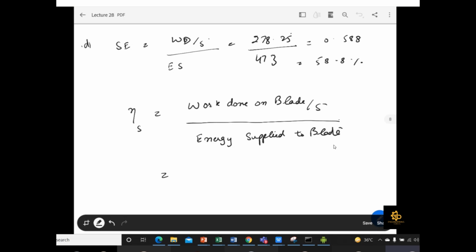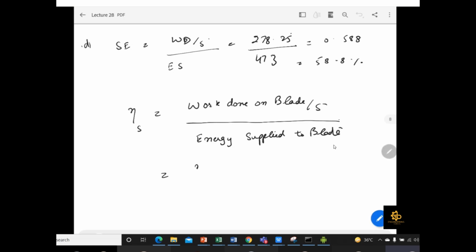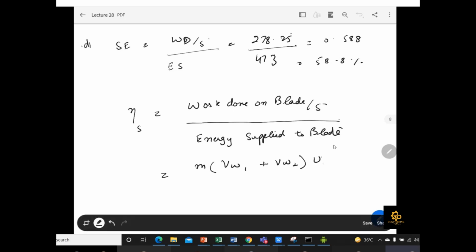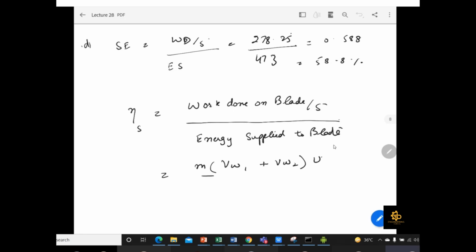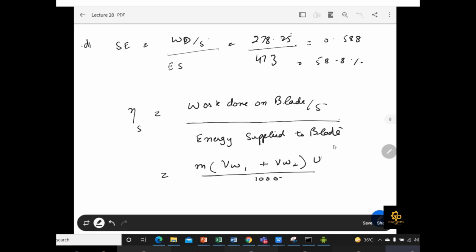In this case, the work done on the blade per second is m (Vw1 + Vw2) u. This is in watt, and you need this value in kilowatt, because the energy supplied to the blade in the problem statement is also in kilowatt.